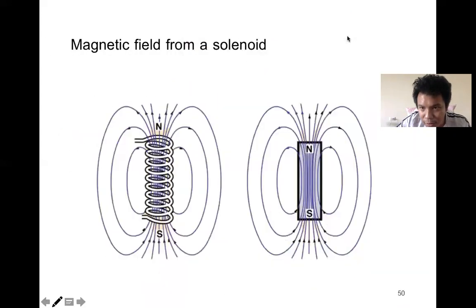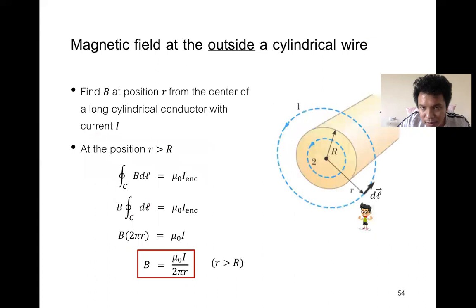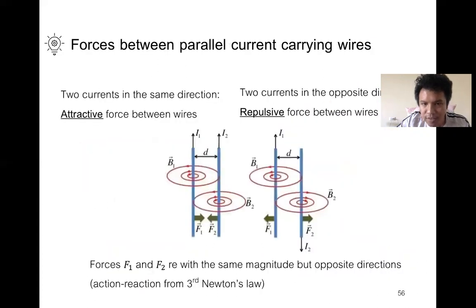So let's go back to this page. Giving the currents I1 and I2, we have the forces F1 and F2 that attract the two wires. But if I1 and I2 are in opposite directions, we have a force that tends to repel.